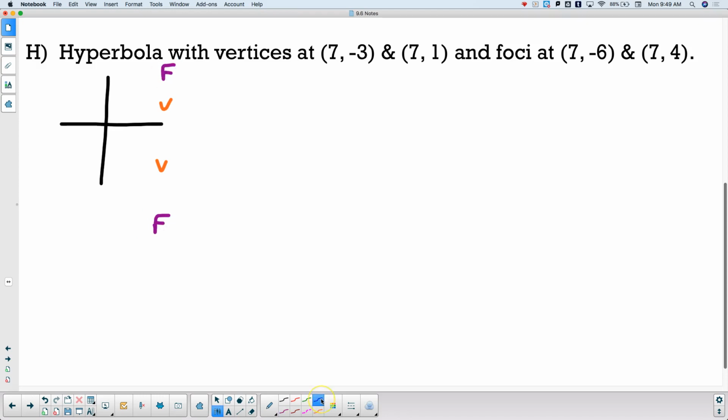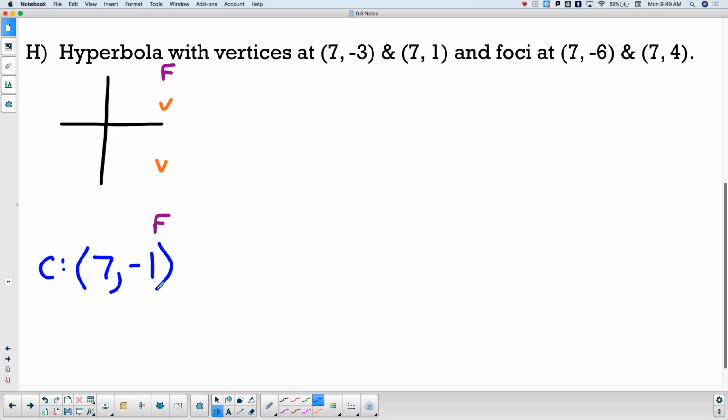So where is the center? (7, negative 1). I like negative 1 better than negative 2.